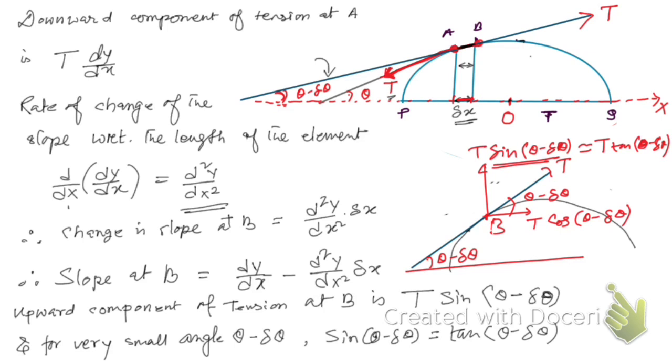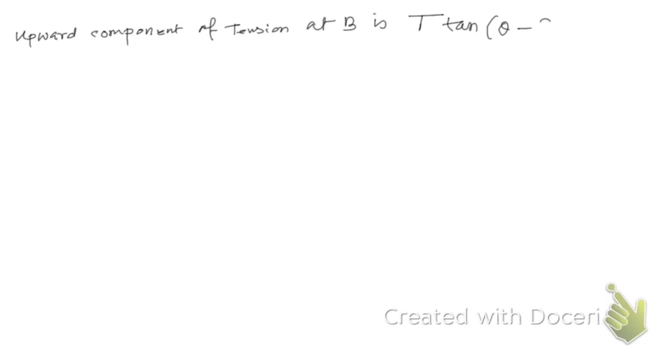Therefore we can write the upward component of tension at B, let me go to the new slide, as T tan of theta minus delta theta. That's what we can do, right?